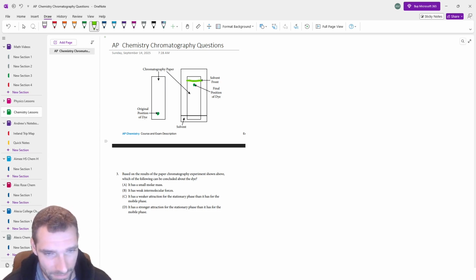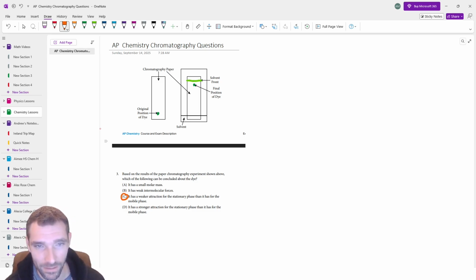And you can think about this as it having a weaker attraction for the stationary phase than the mobile phase. So it would prefer to be in the mobile phase than in the stationary phase. They're not talking about polarities. You could have a very polar paper here, or non-polar, and vice versa with the solvent. It's really big picture on this.